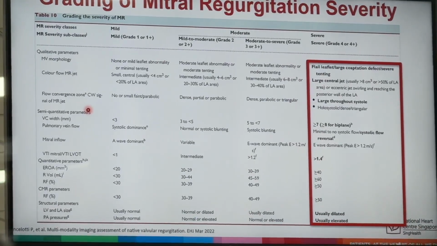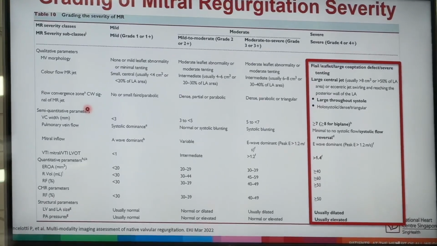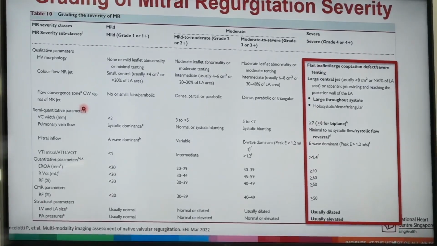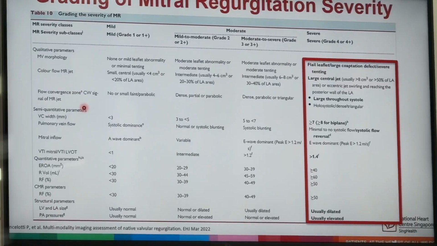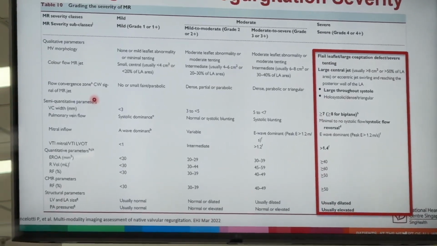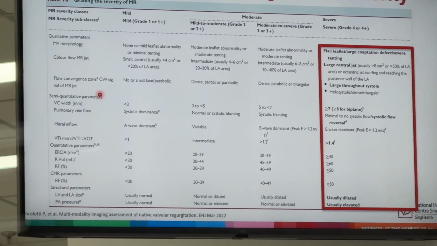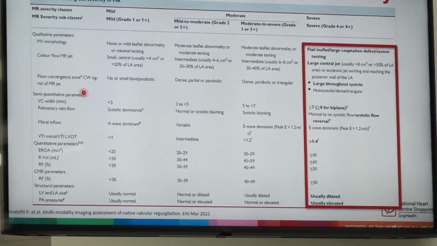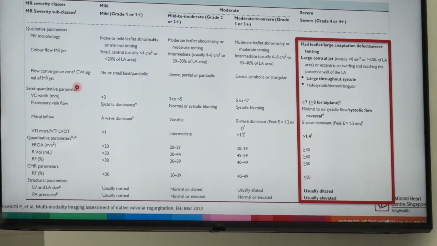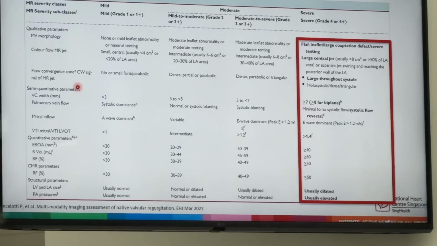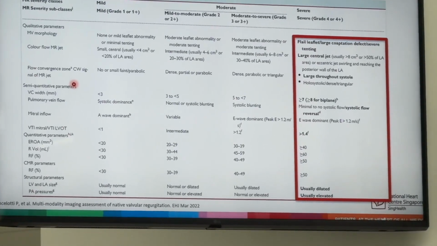When there is a severe morphological abnormality, it is more likely to be a severe regurgitation. The second one is actually looking at the size of the jet compared to the size of the chamber. So when it is occupying a large portion of the left atrium, more likely to be a severe regurgitation.